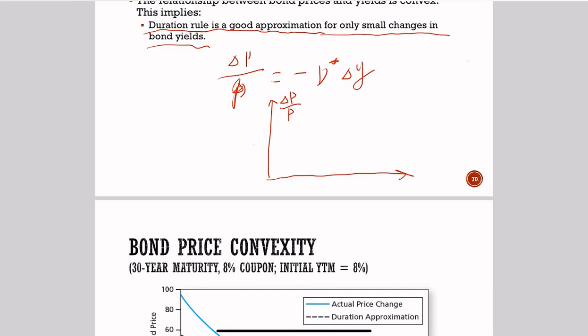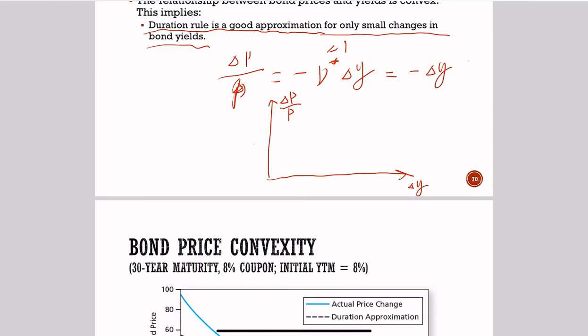On the horizontal axis I have delta Y, the yield change. Let's say the modified duration equals 1. So this tells us the percentage change in bond price equals minus delta Y.